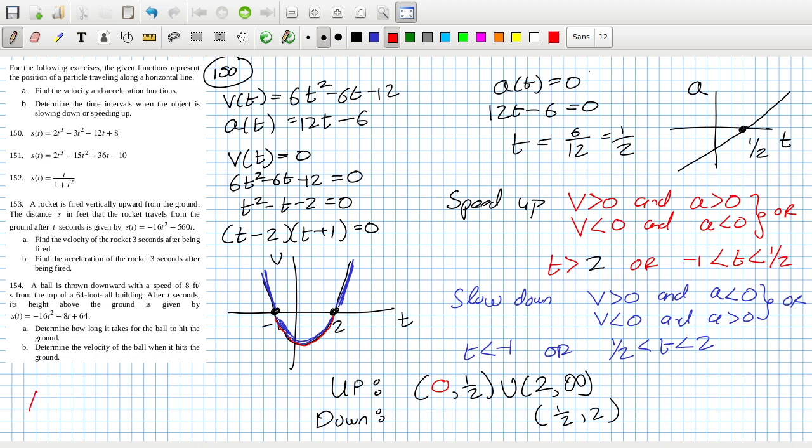I have to assume t is greater than or equal to 0. Should I include the 0? Maybe not. I don't know. Okay, I'm gonna just pause for a few seconds to leave that on the screen. Okay, so I think they're okay now. All right, let's try 152.